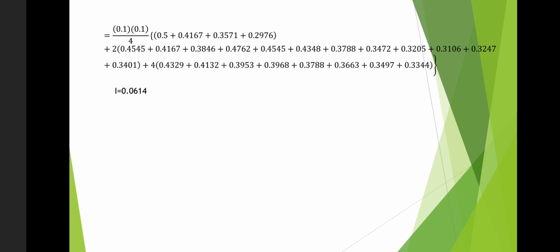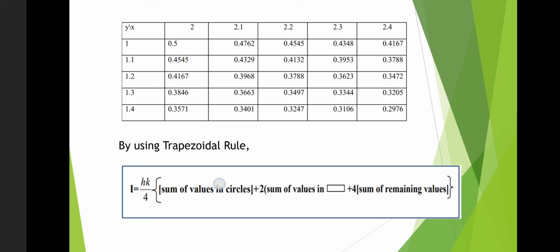First, the corner values are 0.5, 0.4167, 0.3571, and 0.2976. These values are added together with the weight of 1.